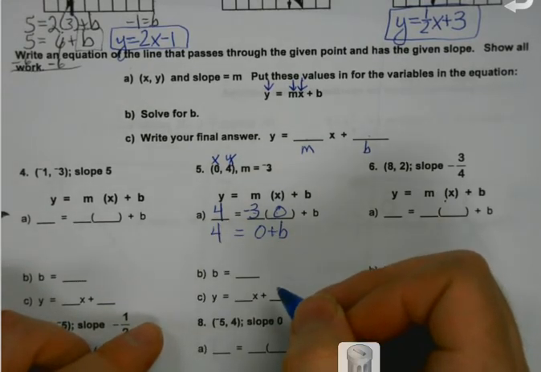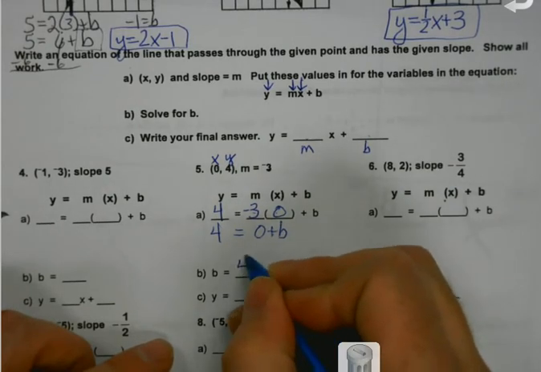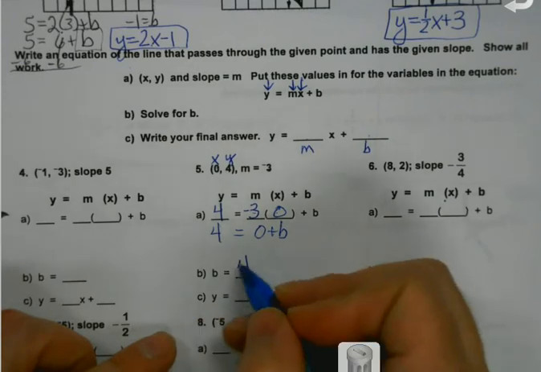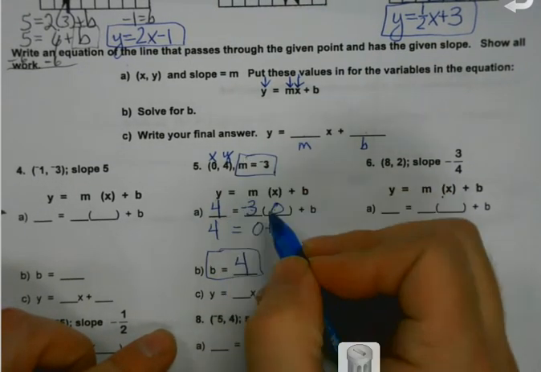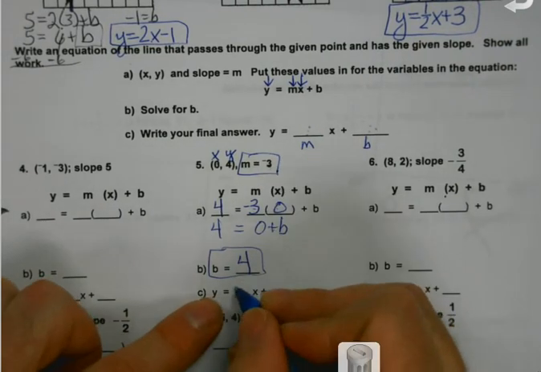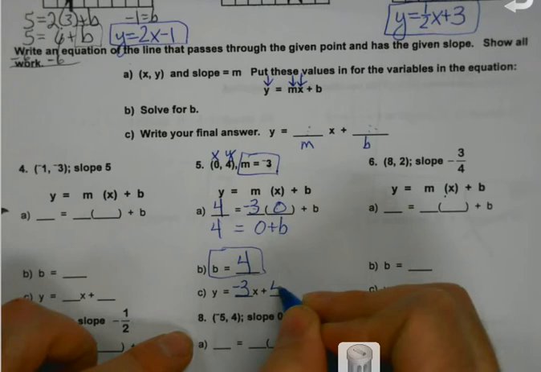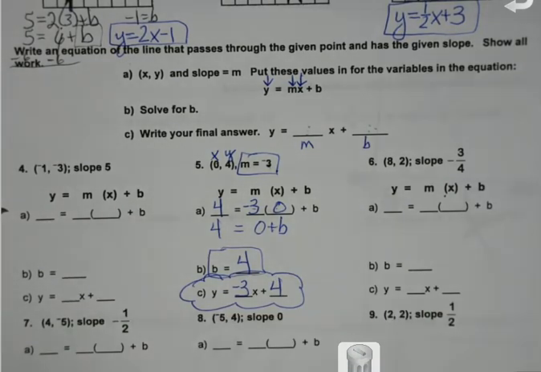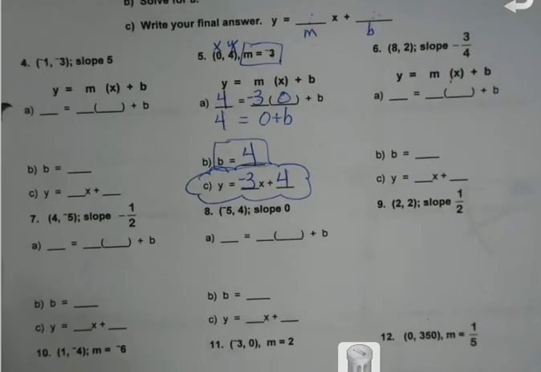When you add nothing to something, you get the same thing back. So that 0 goes away, and I find out that b equals 4. So now I know my b and I know my m, and those are the two things I need to get my answer. M goes in the first slot next to x. B hangs out on its own. And I've got the answer. Kind of see where I'm heading here?